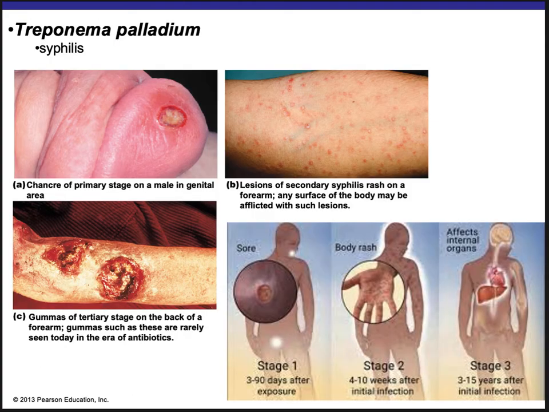We have an example here. It can be anywhere, wherever the infection is. So man or woman, it could be genitalia, it could be throat, like I said, anywhere that you get the infection. And it's actually painless.